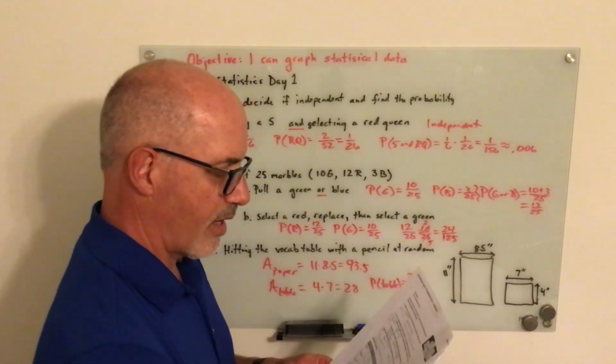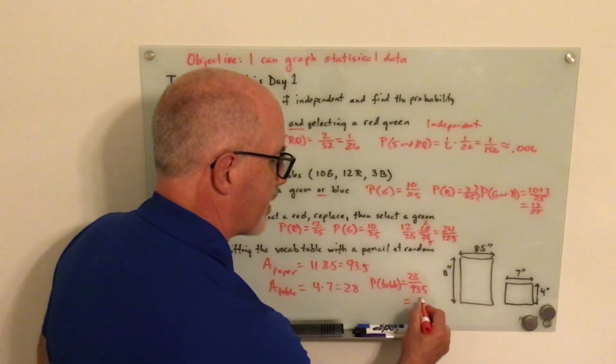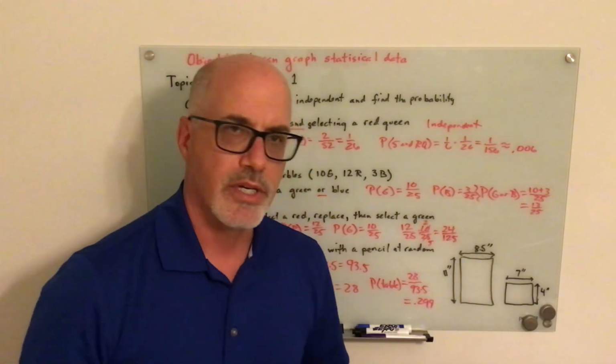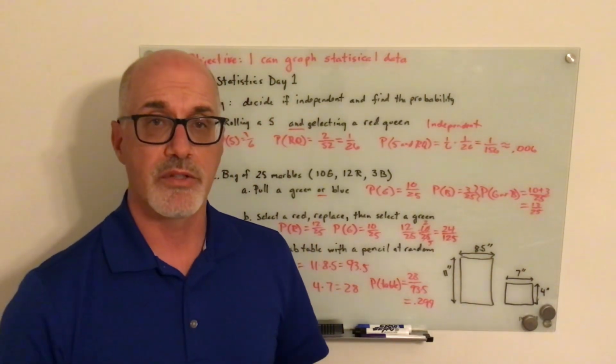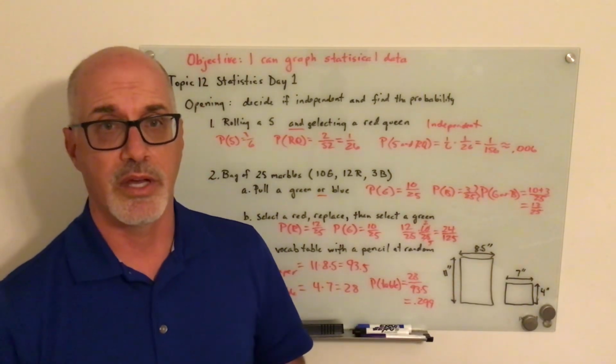When I do the decimal for that, it's 0.299 for the answer. So here's your opening problem review, the solutions to those. Use these to help you review to get you ready for next week's quiz.